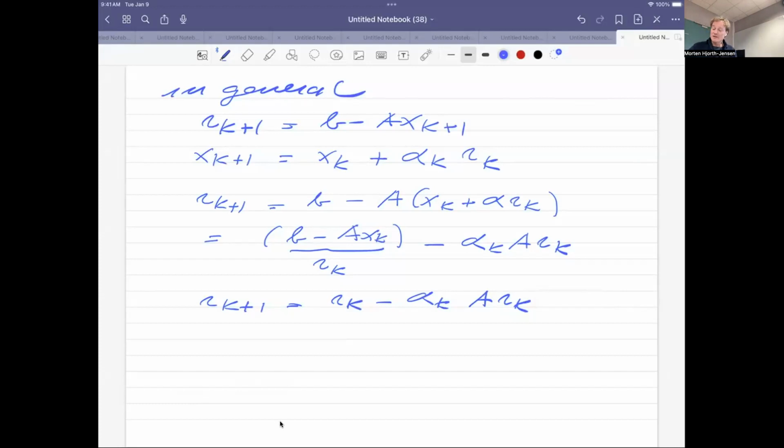Okay, so what we want is to find this one to be 0. So if I do that, what we have then is that I have R(k) equal to alpha(k) times A times R(k). Now, alpha(k) is going to be a scalar. It's just a number. So I multiply from the left with R(k) transpose, and then I divide.